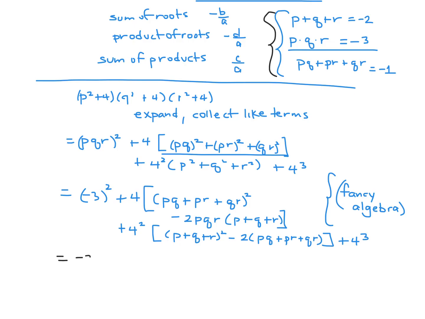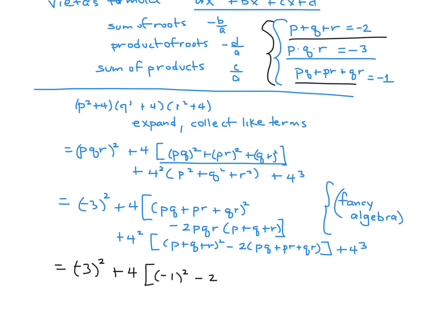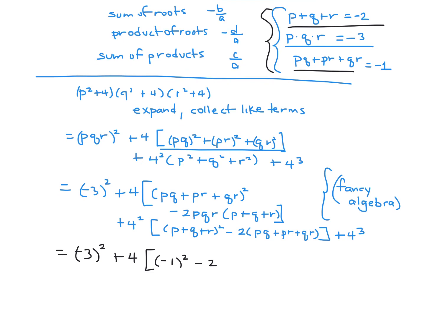So the first one we already did, that was minus 3 squared. 4 times this guy, that's just this one, so it'd be minus 1 all squared. Minus 2pqr, that's this guy up here, so that would be minus 2... and then p plus q plus r, that's, wait, hold on. pqr is minus 3.